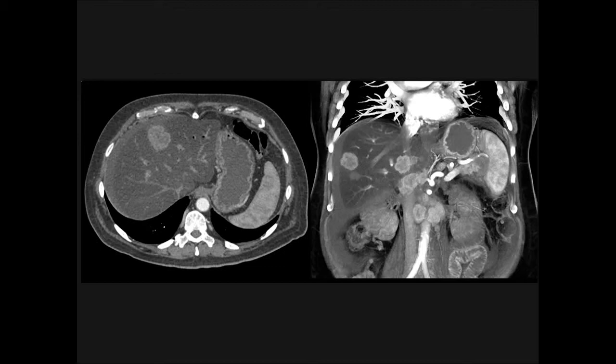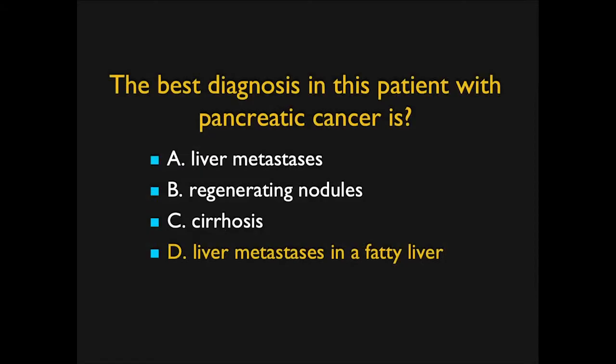This is not cirrhosis, it's fatty infiltration of the liver. And this could be metastasis, and it is metastasis, but I wanted metastasis in a fatty liver. That's the best answer, and that's the correct answer. I also read a bit about the tumor that occurs typically in fatty liver is going to be hepatic adenoma. They're often multiple.